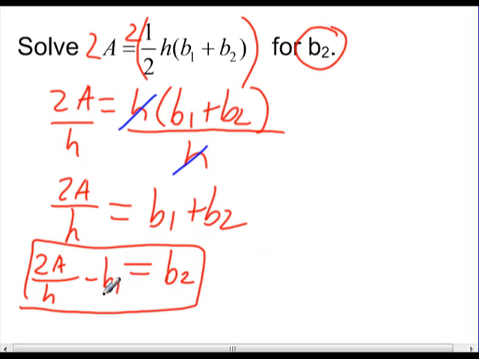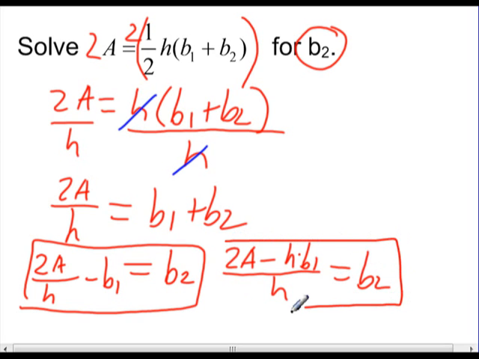You could also get a common denominator over there and multiply the top and bottom by h, in which case you would get 2a minus h times b1 over h. And generally either of those would be considered acceptable. This first way is probably a little bit cleaner, but either one of those would be correct, and they are equivalent equations, so either one would be fine.